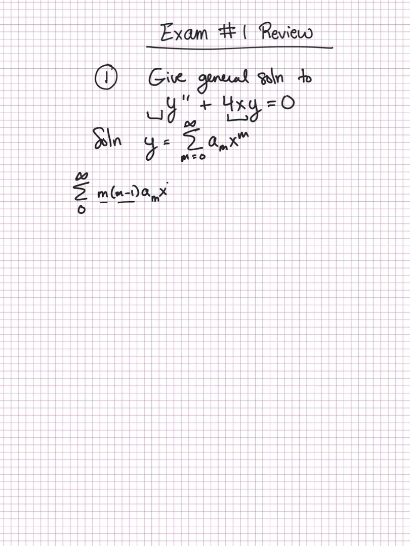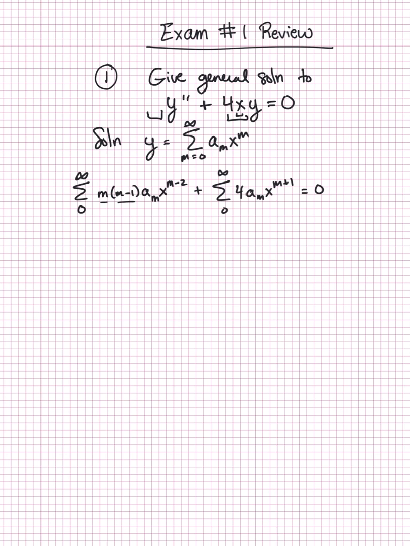So we have x to the m minus 2, and then we get the sum from 0 to infinity of 4 am, and since there's an x term here, instead of x to the m, we get x to the m plus 1, is equal to 0. Now we look at the first term of our series.